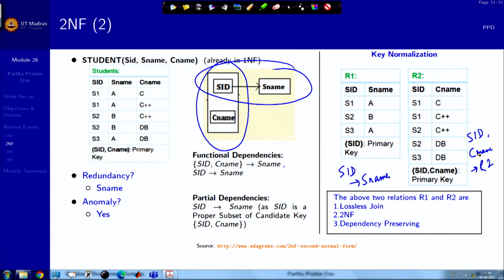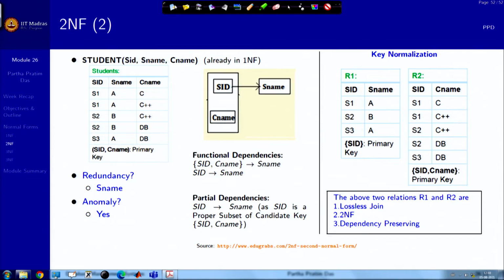So, given that, your dependencies will get preserved. There is no case of partial dependency remaining. So, this is in 2NF, this is a lossless join and is dependency preserving. So, certainly, this is a better design than what we had earlier.